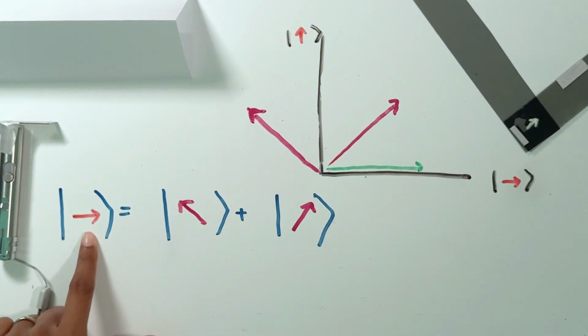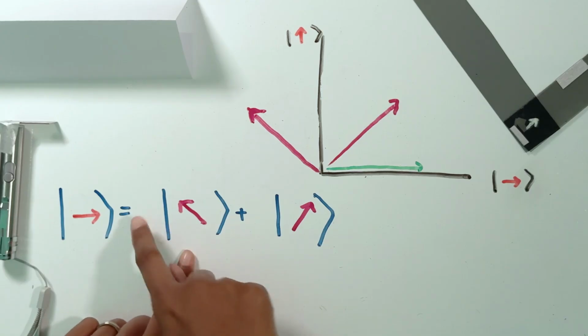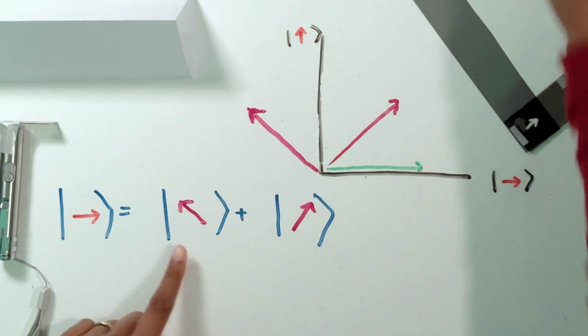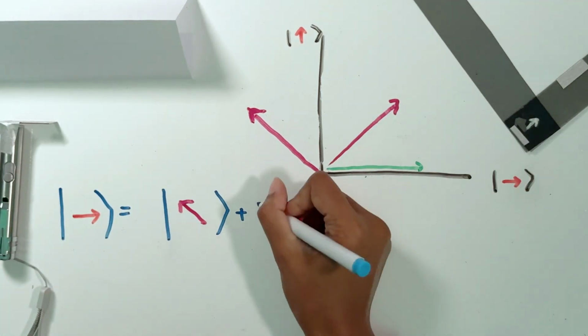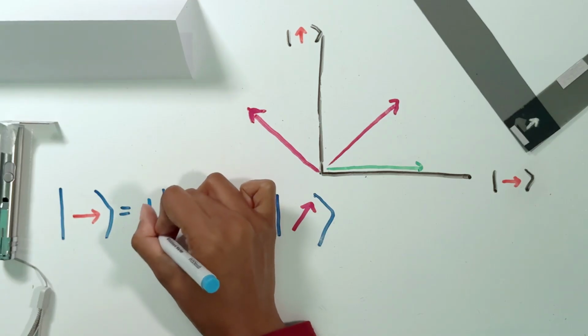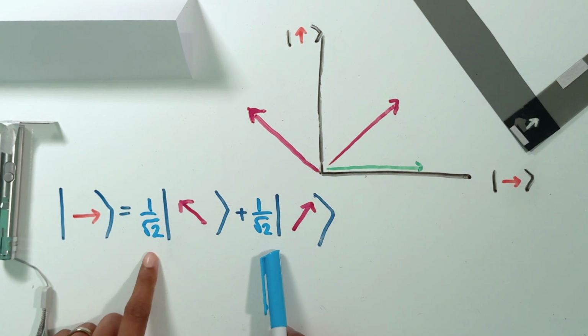That horizontal light is some sort of combination of both of these types of light. But exactly what are the coefficients going to be? Well, we can guess, like before, that the length is going to be 1 on square root 2, because they're both equal to each other. The probability, right, has to be half.